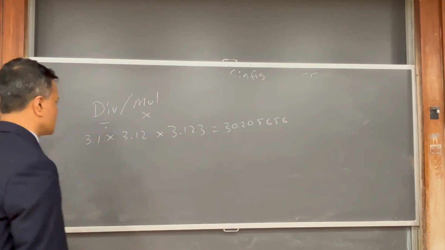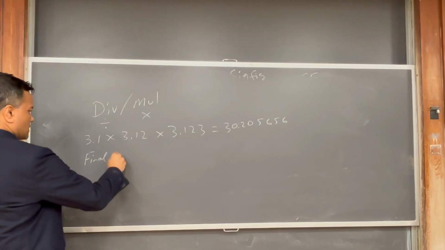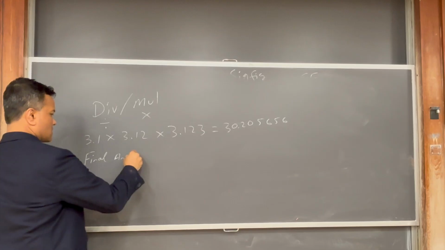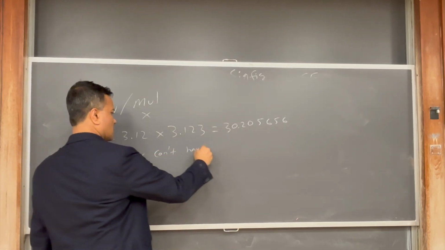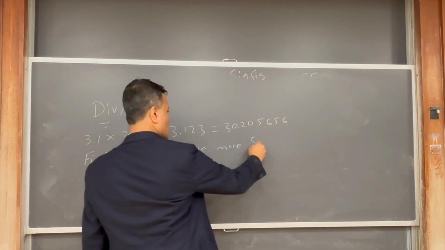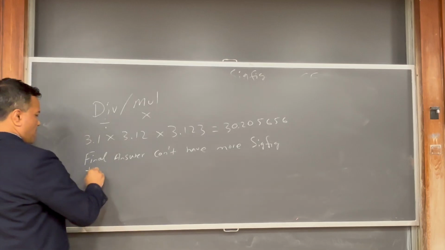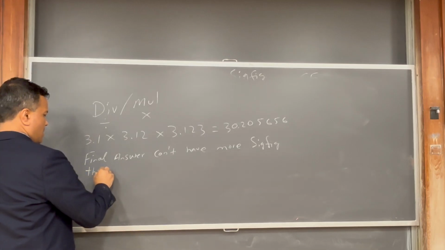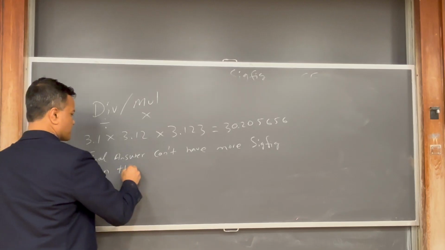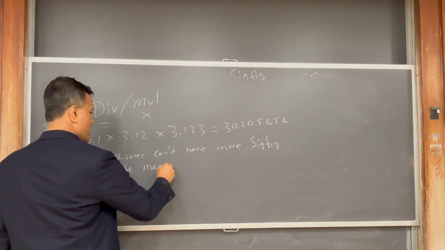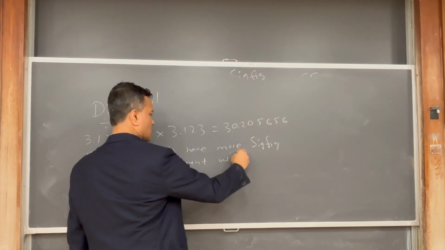Let's write down the rule. The final answer can't have more sig figs than the measurement with the least sig figs.